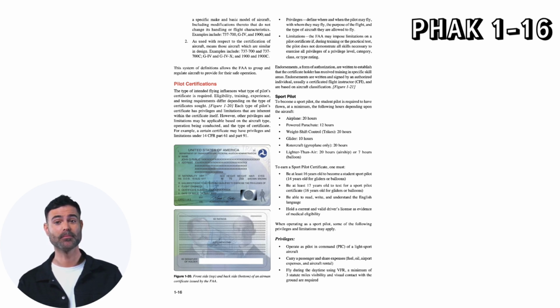And 2, as used with respect to the certification of aircraft, means those aircraft which are similar in design. Examples include 737-700 and 737-700C, GIV and GIVX, and 1900 and 1900C. This system of definitions allows the FAA to group and regulate aircraft to provide for their safe operation.